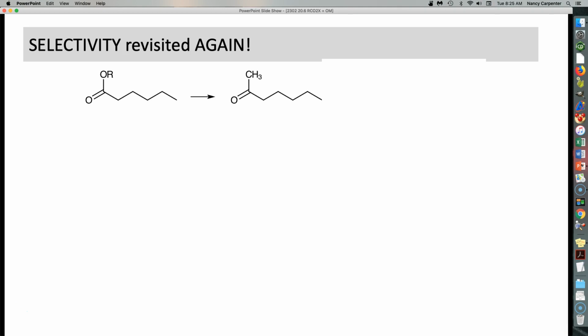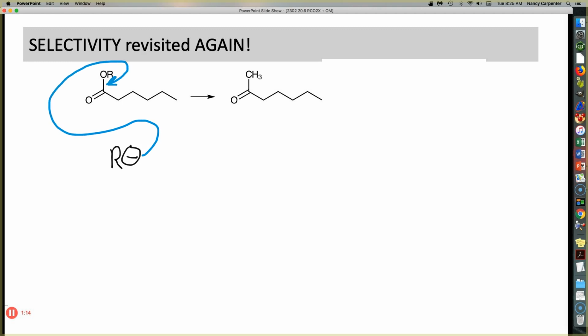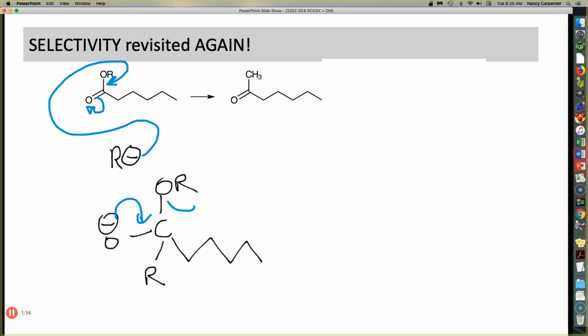Well, they present, once again, the issue of selectivity. What you can see right here is that it would sure be nice, wouldn't it, to have some R- that very logically should do up, tetrahedral intermediate, down, and out to give us that ketone.